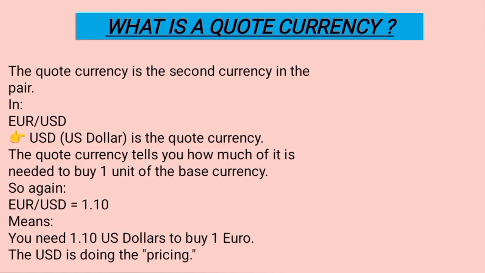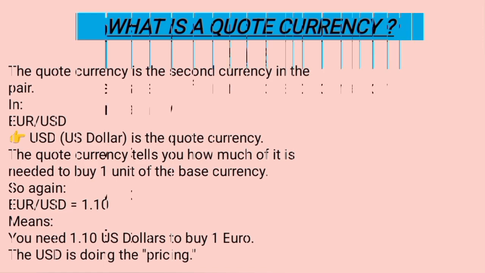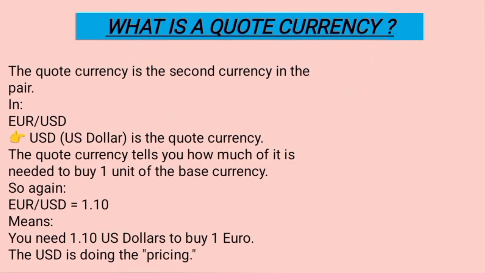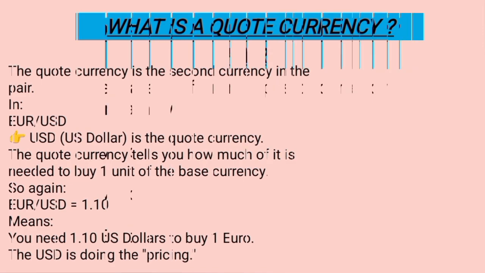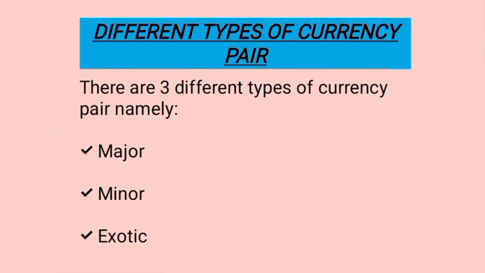So the USD is what is doing the pricing. It's just like, let's say you're buying the USD against the naira. You need 1,400 or 1,500 depending on the rate to be able to buy $1. So in the example of USD against the naira, the naira becomes the quote currency and the US dollar becomes the base currency.